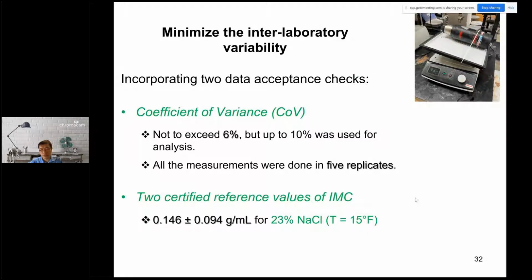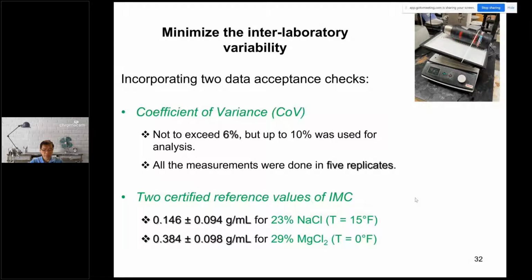the sodium chloride brine, analytical grade, tested at 15 degrees Fahrenheit, is in this range: 0.146 plus or minus 0.094. Again, this is the statistical median plus or minus 2 standard deviations.